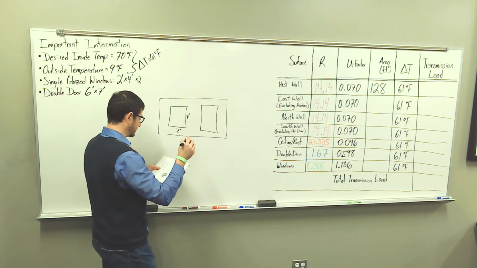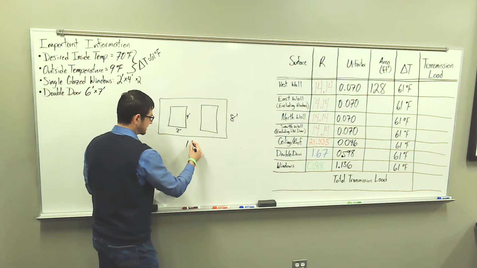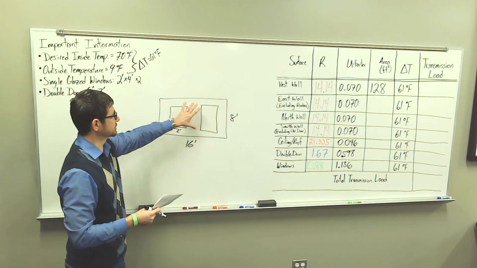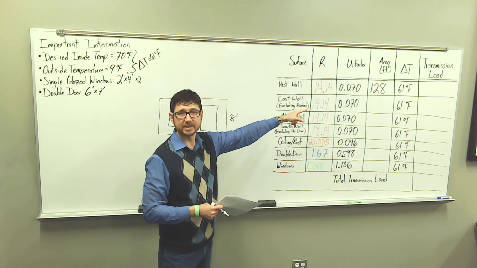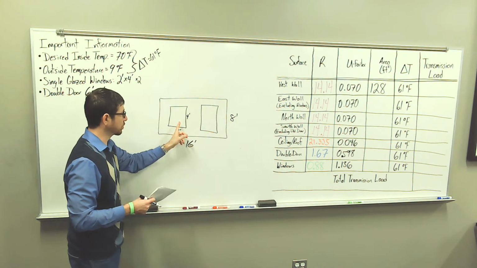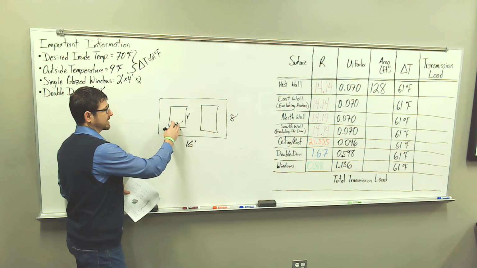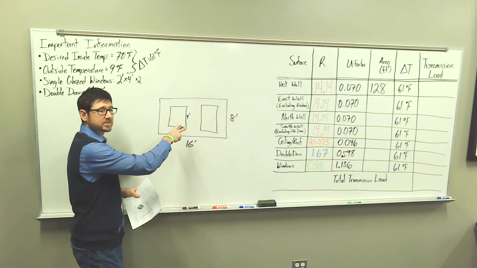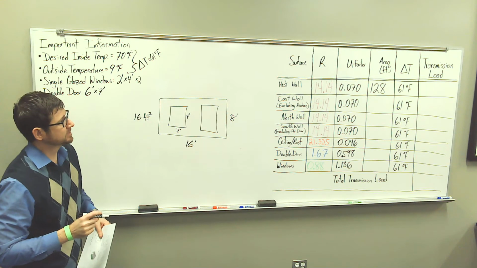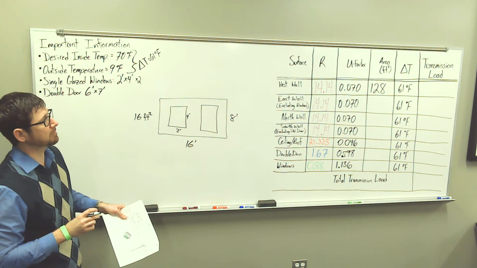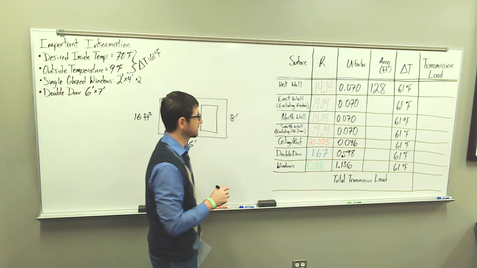And our overall dimensions are 8 foot and then 16 foot. So we know the total area here of our 8 by 16 is 128 square feet, but we're required to subtract the windows here. So 4 times 2, we have 8 square feet, and we have 2 windows, so that's going to give us 16 square feet. So 128 square feet minus 16 square feet is going to be 112 square feet.